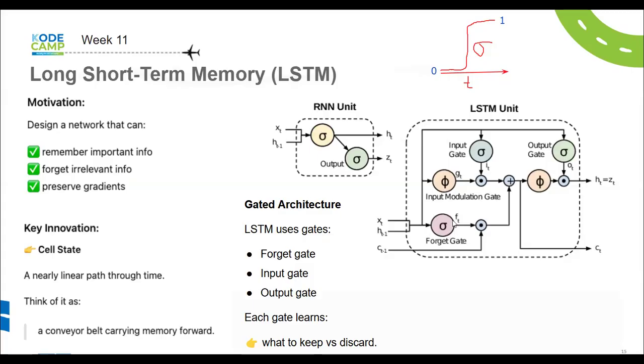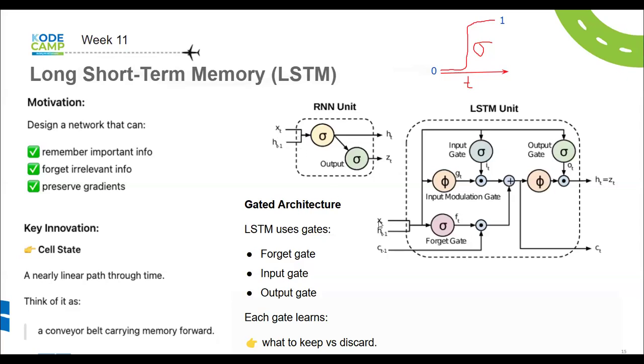But the learnable parameters allow it to learn which signal to allow to go through and which signals it should essentially drop or block. So now, if you look at this, it still has the same XT and HT minus one that the LSTM has.